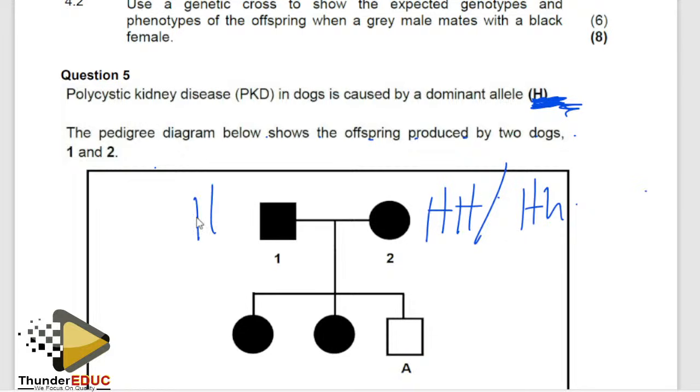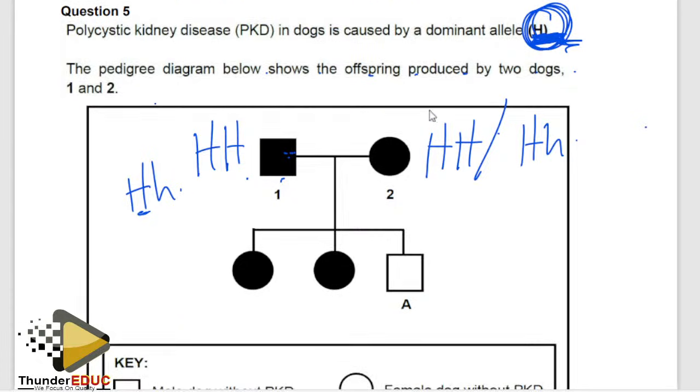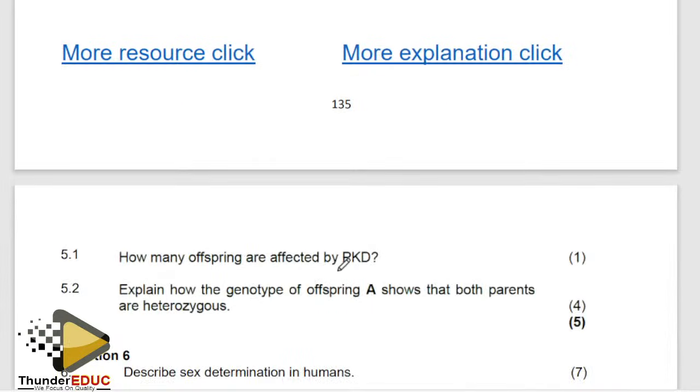Even this one is going to be capital H. It is a male, but I'm not using X and Y. Whenever there is a capital H, because it's caused by a dominant allele, this individual is going to be sick. However much it is a male, I'm not using X and Y, because they didn't say it is sex linked. So I can identify how many individuals are affected.